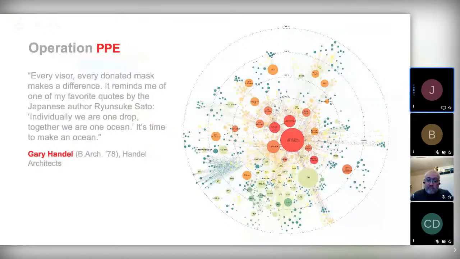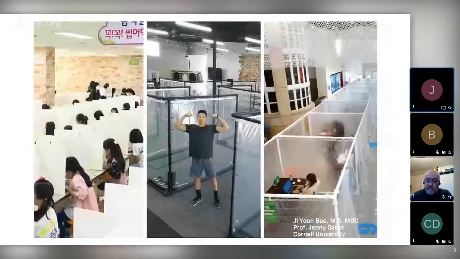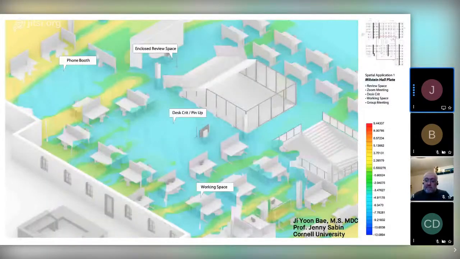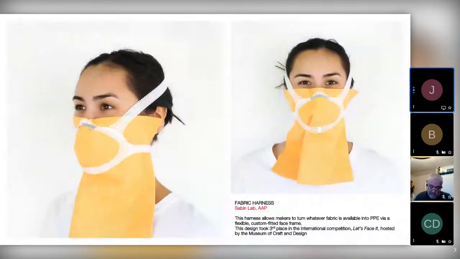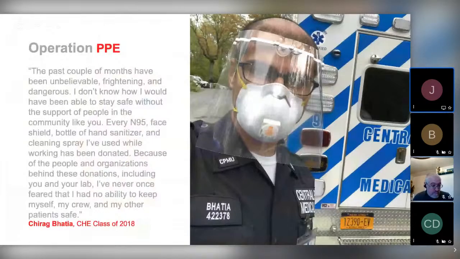The COVID-19 crisis is forcing a reconsideration of workspaces and residences and other occupied structures, such as the studios and spaces that we teach in, as well as products and supply chains, as these crises reveal systemic issues of diversity, equity, and inclusion.